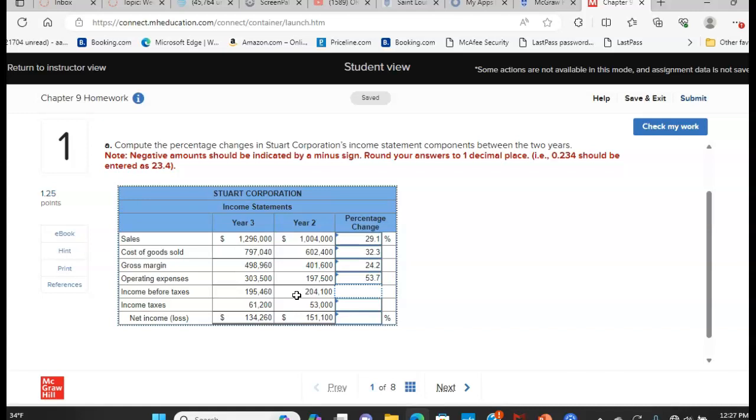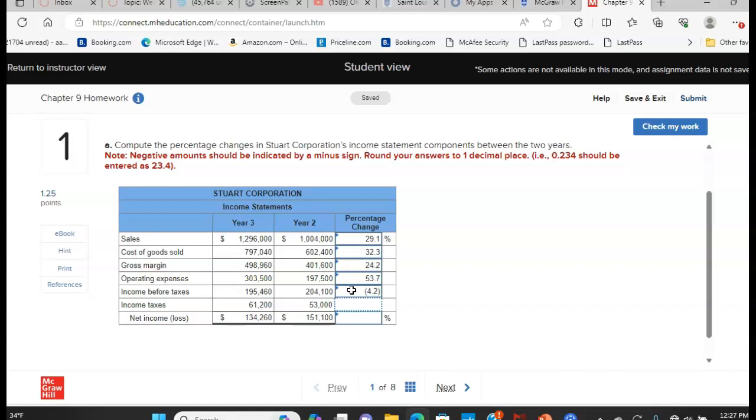Now take that 8,640 divided by the base year, year 2, 204,100, and that'll give you 0.0423, which is going to be a 4.2% decrease, but that's a negative number, so it's going to be a negative 4.2% decrease in the income before taxes.